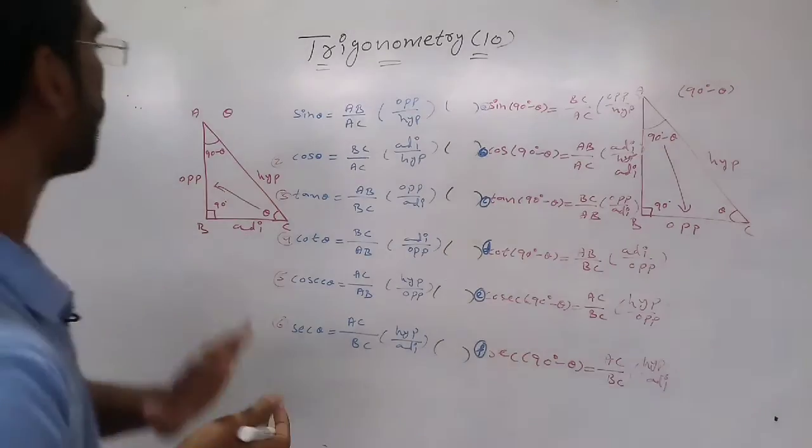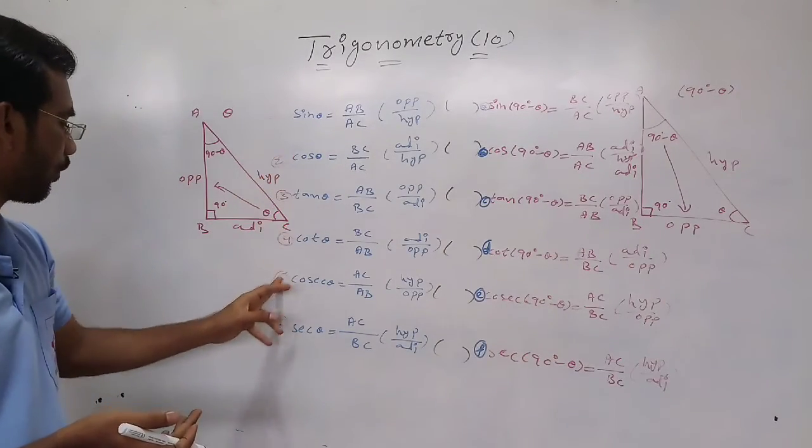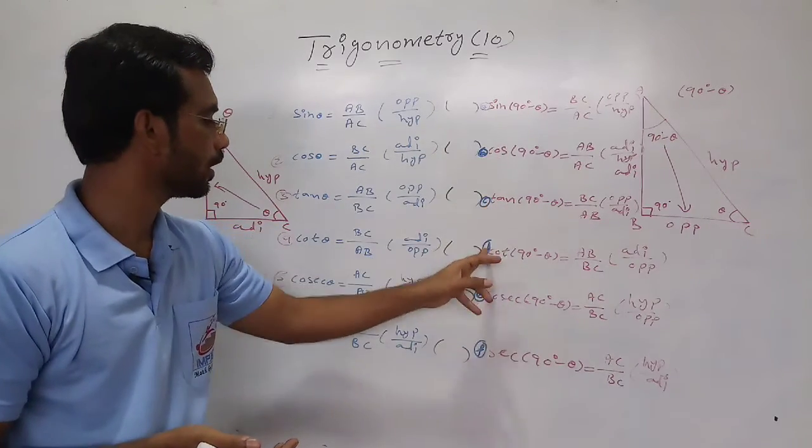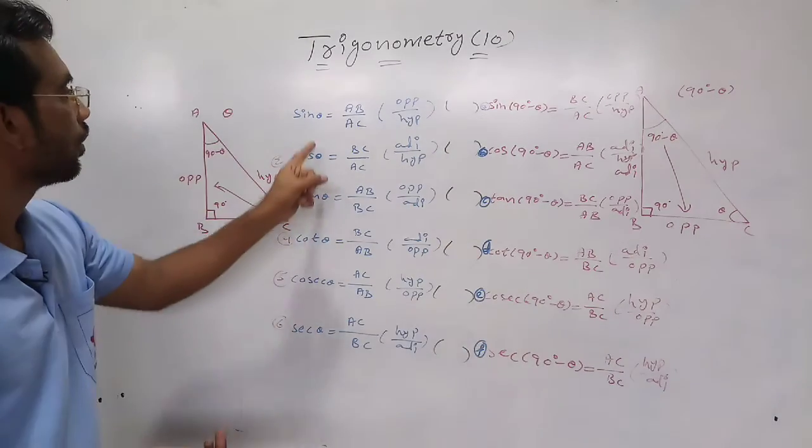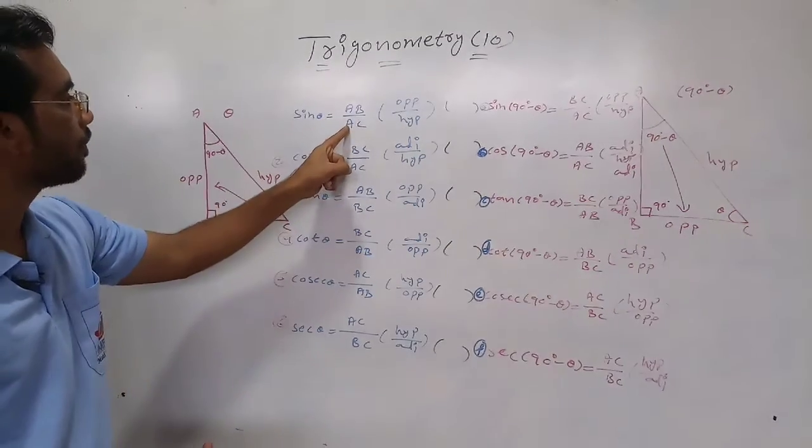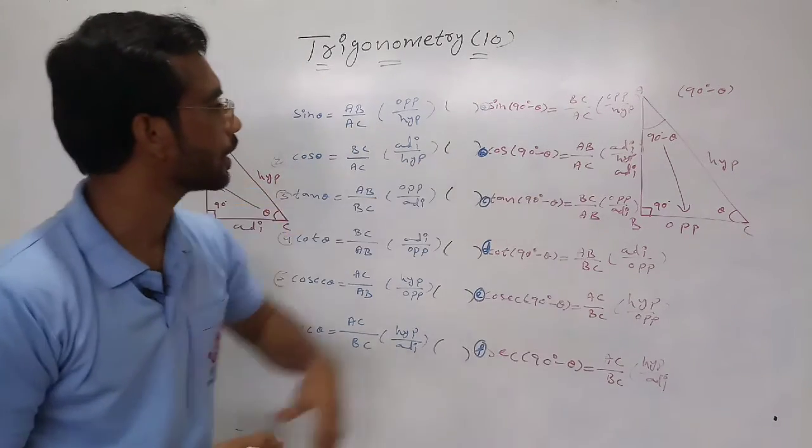Now in this way you will find out 1, 2, 3, 4, 5, 6. Here A, B, C, D, E, F. Now sin theta is equal to AB by AC. Where is AB by AC here?